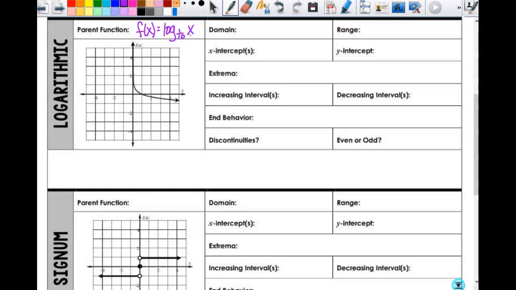But again, that 1/10 could change to anything else. So I still have this asymptote here. I still have the anchor point of 1, 0. And then this one and another one that's off of there. So my anchor points are, this is going to be at 1/10, 1, 1, 0, and 10, negative 1. What questions do you have?